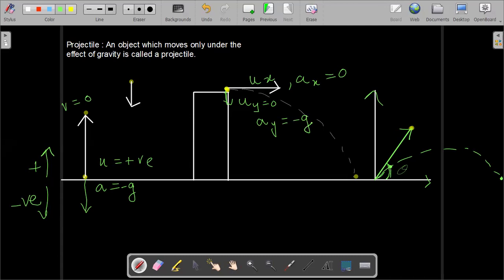Because we are taking the vertical upward direction to be positive. If I take the vertical downward direction to be the positive direction, then I will be considering this g to be positive.